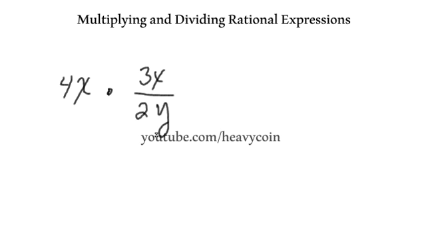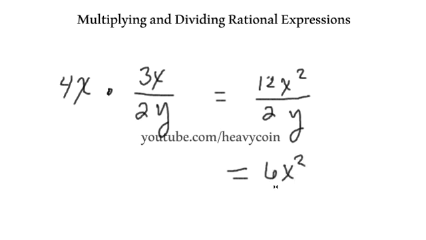So if I had 4x times 3x over 2y, you would multiply 4x times 3x, so that would end up being 12x squared over 2y, but of course this would reduce down. 2 goes into 12 6 times. So 6x squared over y.